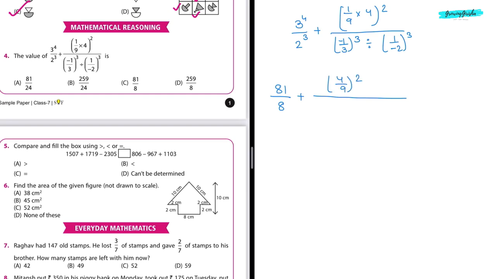So 4 by 9 whole square upon minus 1 by 3 whole cube.